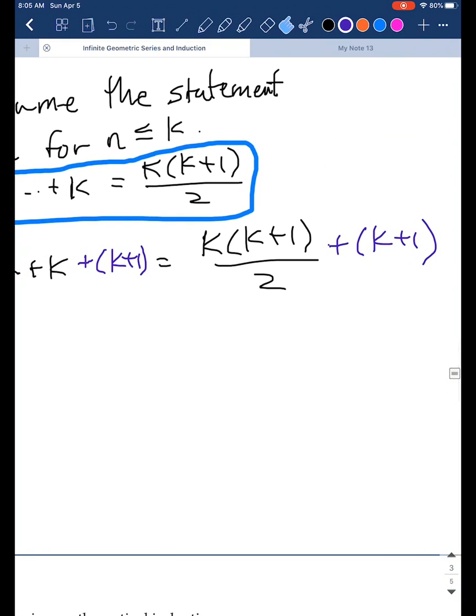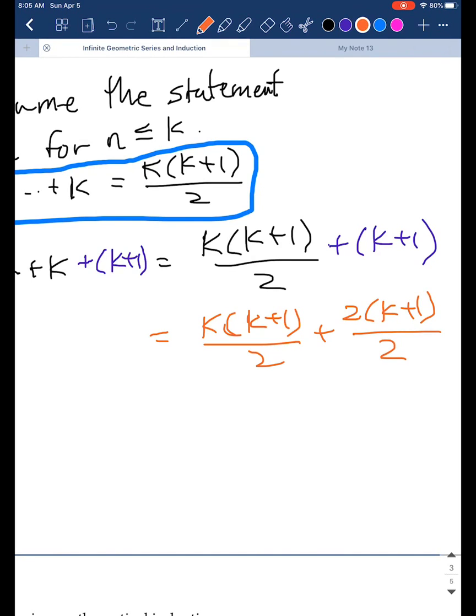We're going to move to the right and look at this statement here and do a little bit of algebra. So this is going to equal k times k plus 1 over 2. And then the second term, I'm just going to find a common denominator.